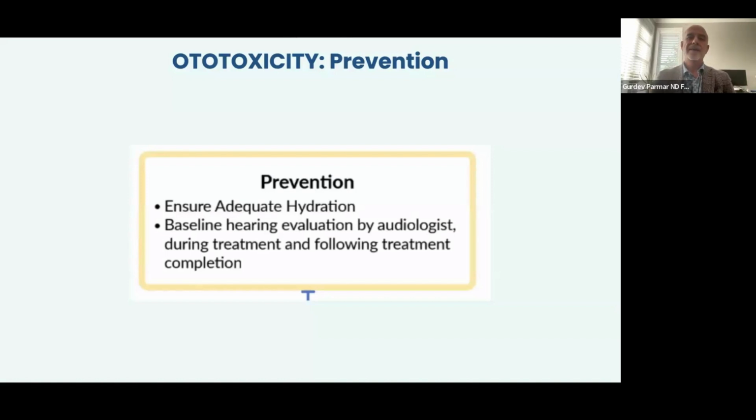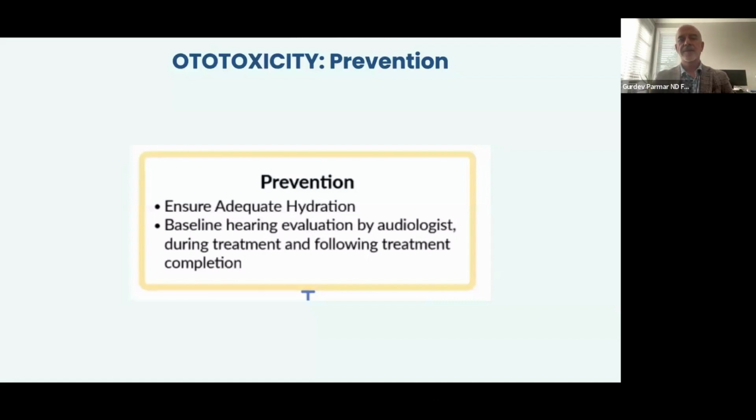It essentially dilutes the drug in the blood. Therefore, it's not as concentrated when it's hitting the nerves, and therefore it's decreasing neurotoxicity, not just in the ears, but everywhere in the body. And so that's a good preventative.